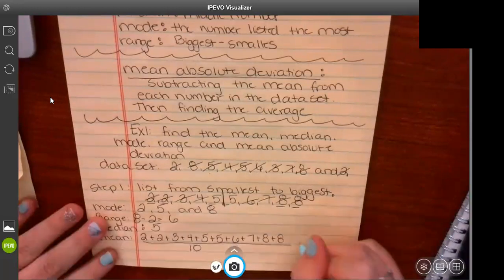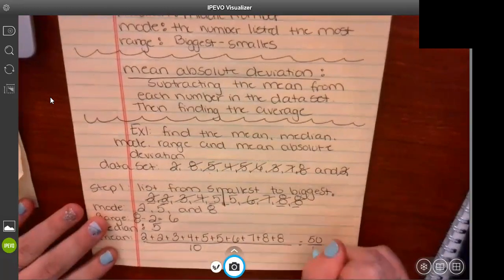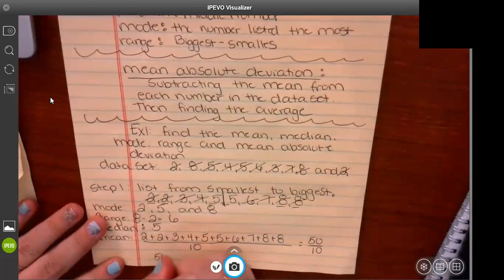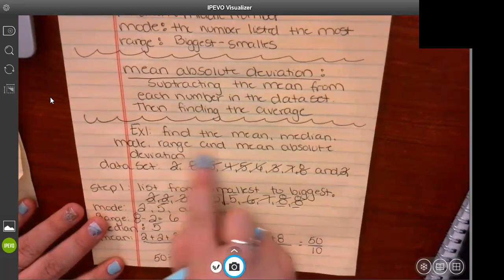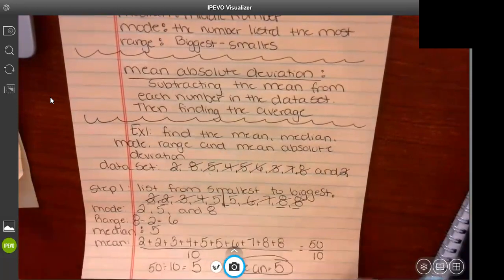When you add all of these up, you get 50 over 10. 50 divided by 10 gives you 5. So our mean is equal to 5. Now we'll need this to find our last part, which is the mean absolute deviation.